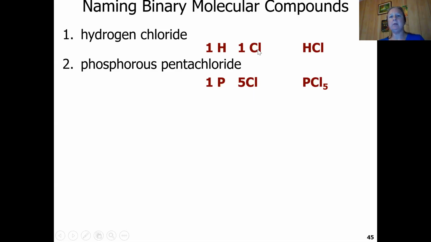The ending element again has -ide. So that rule is the same for both the ionic and the covalent. But because the combination here is not based on any kind of charge, it's simply based on the way this molecule formed, and it can have all different arrangements. You have to say there are 5 chlorines, and 5 is penta.